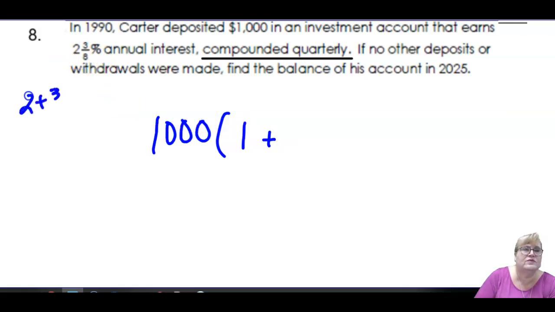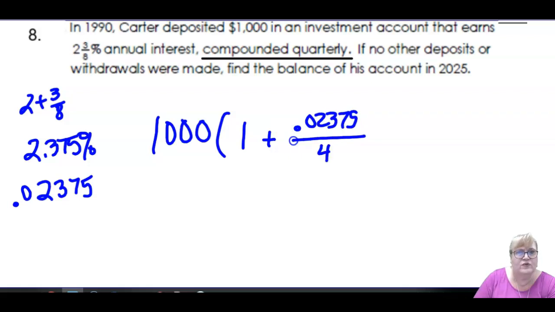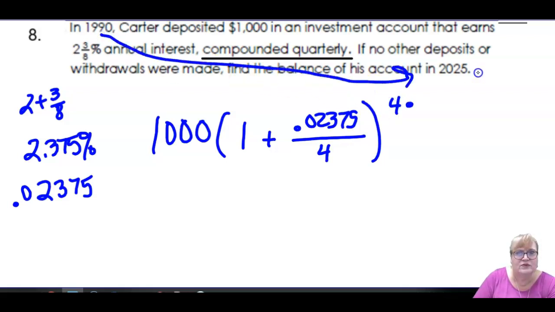If you do 2 plus 3 divided by 8 on your calculator, you get 2.375, and then you still have to move it over twice, so it's 0.02375. You should use all the decimals. And then quarterly is 4, and 4 times a year, from 1990 to 2025 would be 35 years.